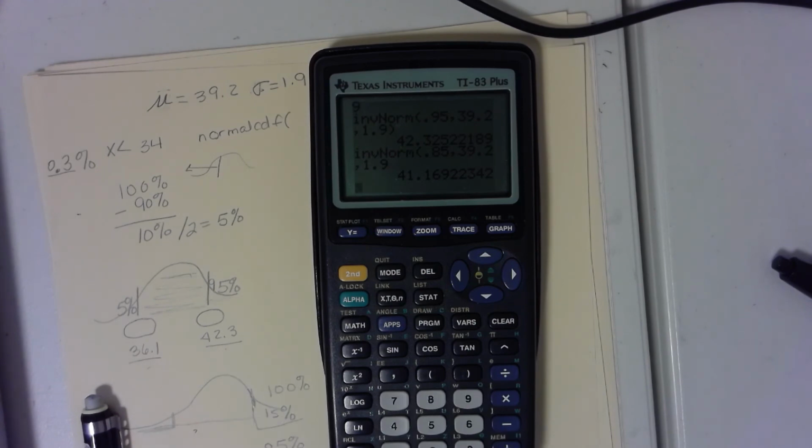And I get 41, let's see, I think I'm rounding to 1 decimal place as well. Yep, so I would have 41.2 would be my answer. And there you go.